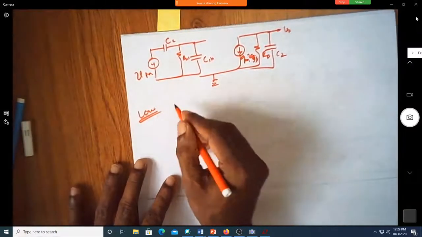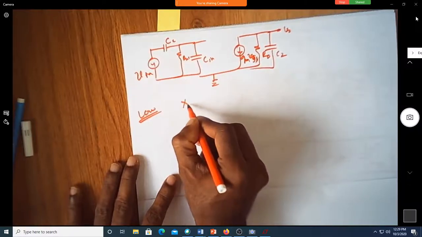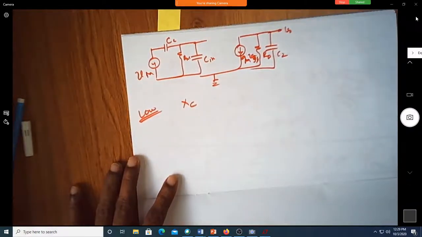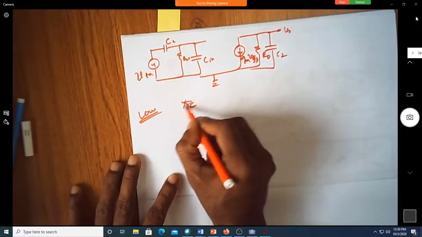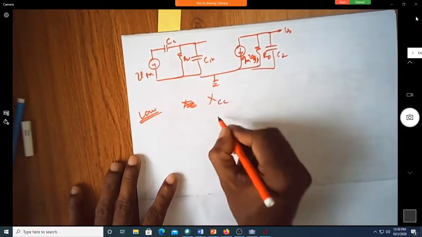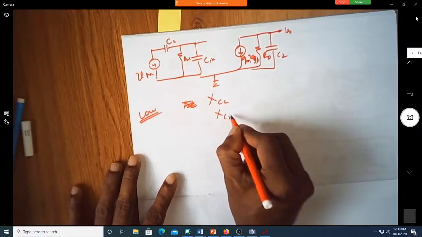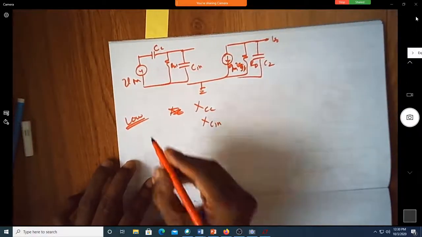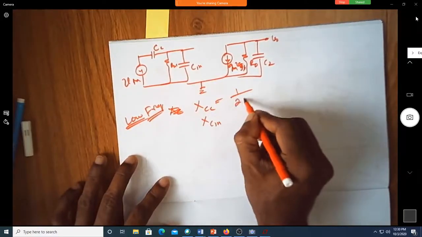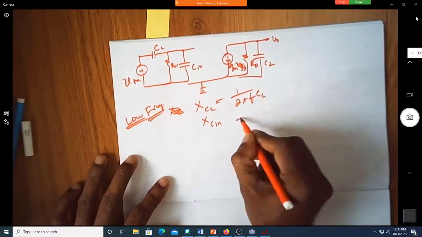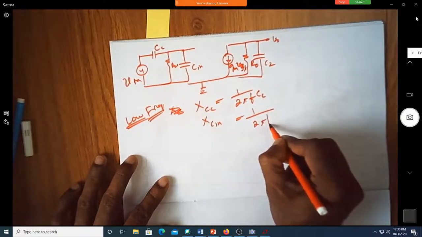For low frequency, what is XC? Is it small or large? Let us find out XCC and XCin at low frequency. It is nothing but 1 over 2 pi F into CC, and this is 1 over 2 pi F into Cin.